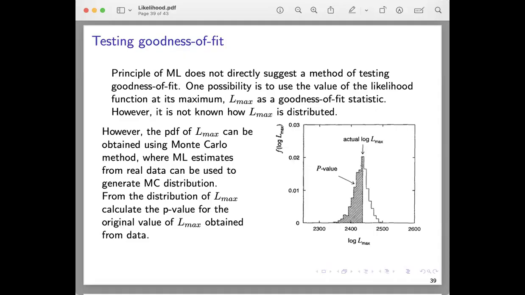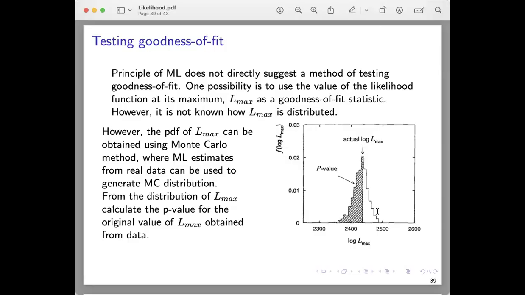First you get the maximum likelihood estimates from the real data, and then use those estimates to generate a large number of Monte Carlo datasets. For each set of Monte Carlo data you do the maximum likelihood fit and get the value of the maximum likelihood for that set. Then from n such experiments, you get a distribution of the maximum likelihood.